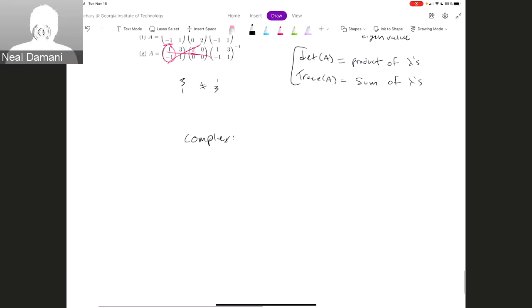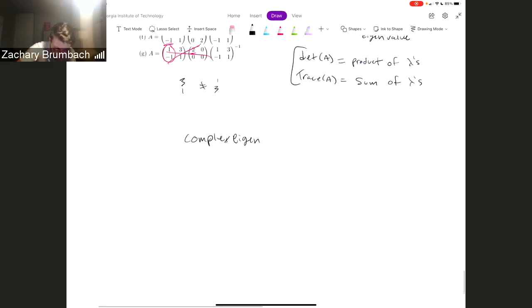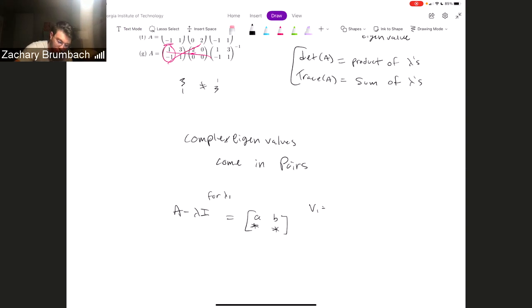For complex eigenvalues, they always come in pairs. When you take your A minus lambda I, for lambda 1, you're going to get a 2 by 2 with some values, and your eigenvector is equal to (negative b, a).